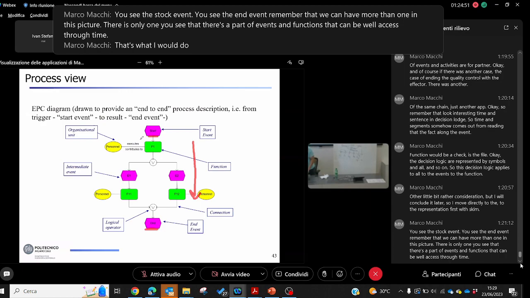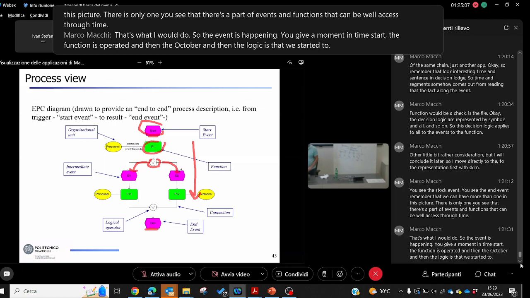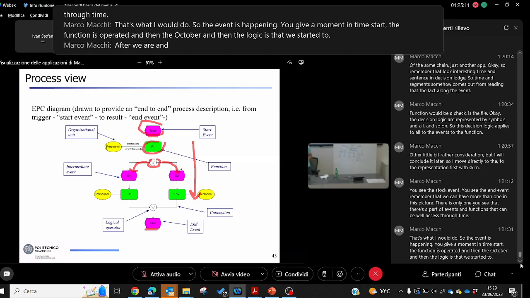The event happens at a given moment in time, start, the function is operated, and then the outcome, and the logic is that we start two other sequences. After we have ended with this function, we have two events, E1 and E2. These are intermediate events. It's just a generic example.